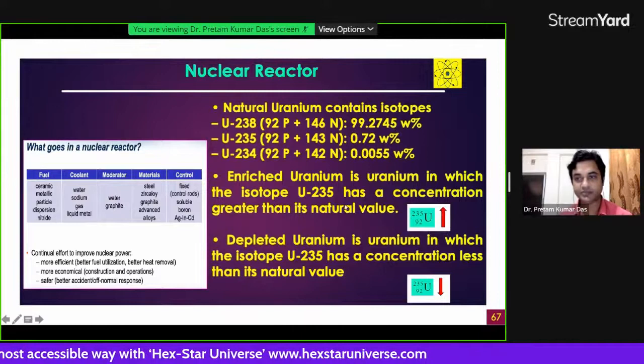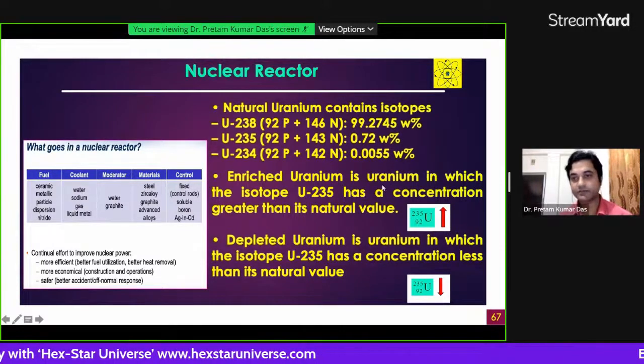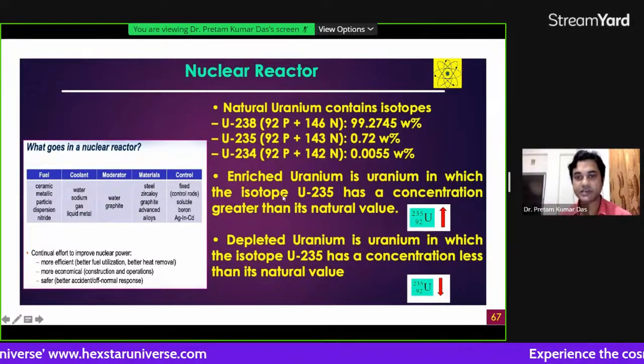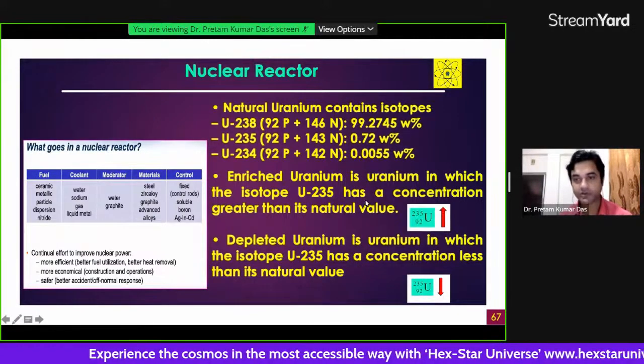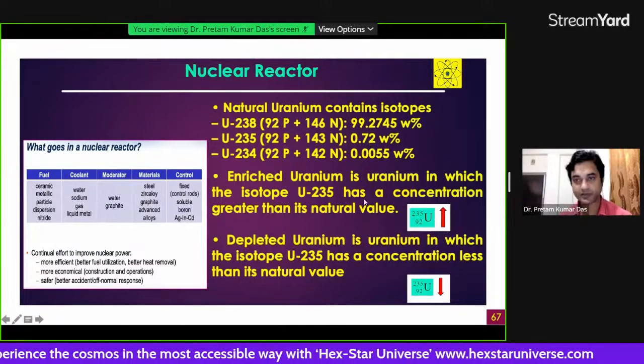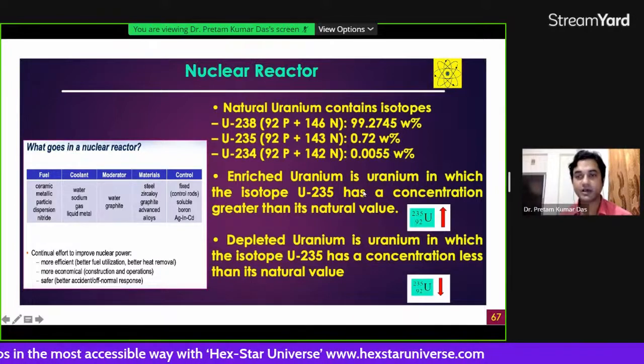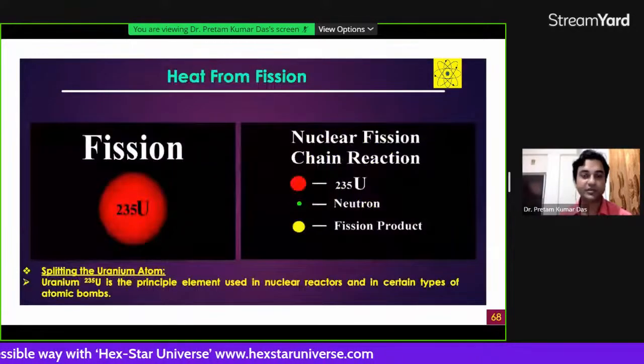So we need enrichment. Enriched uranium is uranium in which the isotope 235 has a concentration greater than the natural one. Here it is just 0.72%, so we have to increase this percentage up to 3 to 5%.